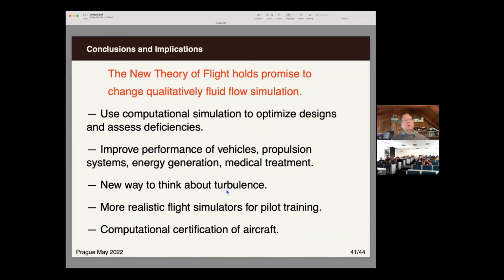Here are some conclusions. So the new theory of flight holds promise to change qualitatively fluid flow simulation, allowing you to model things like stall. So you would be able to use computational simulation to optimize designs and assess deficiencies. Let me just say this is completely different on the structural side of aircraft design.